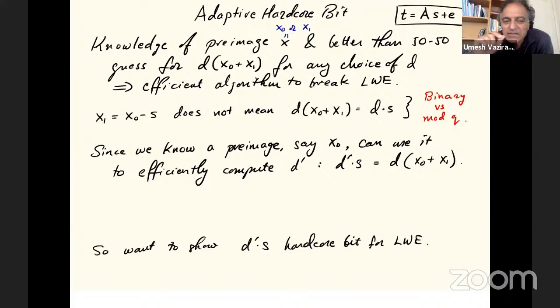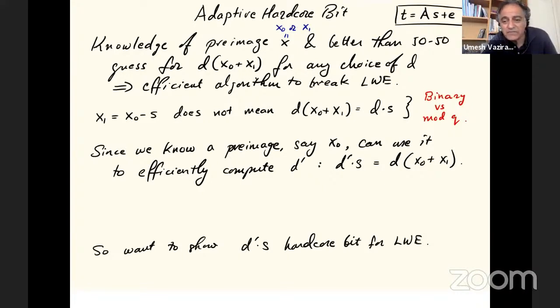The adaptive hardcore bit says, given knowledge of the pre-image x, which is one of the pre-images, x naught or x1, and a better than 50-50 guess for d times x naught plus x1, for any choice of d, that implies an efficient algorithm to break LWE.